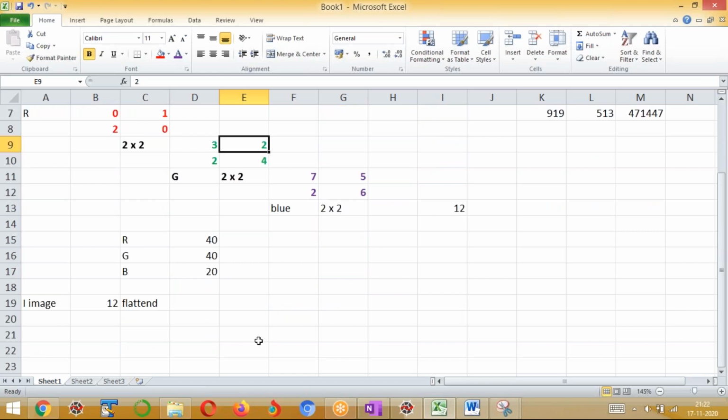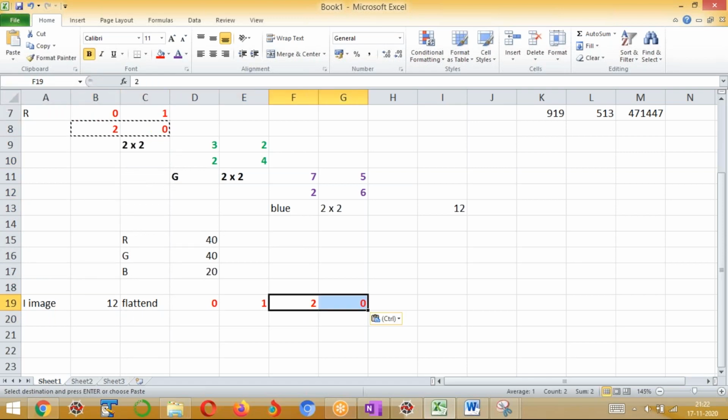Understanding what I'm doing? Now I'll put all these values side by side. First row is done. The second row will come beside it. Again.